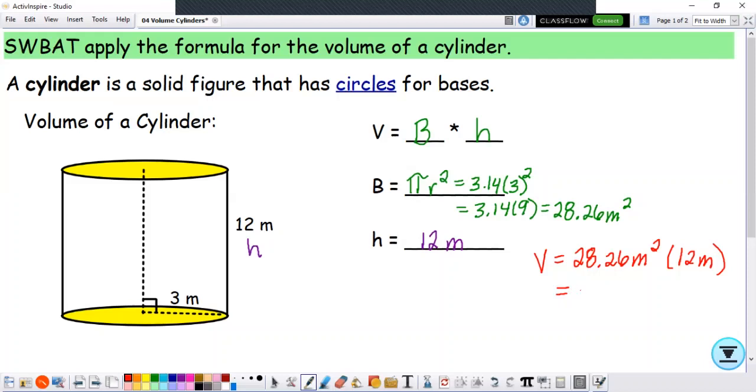And that will give us 339.12 meters cubed as the volume of this cylinder.